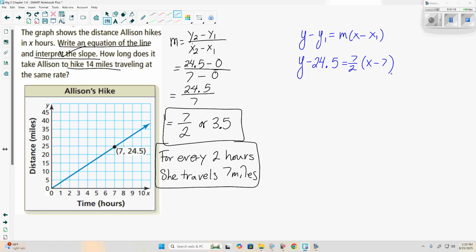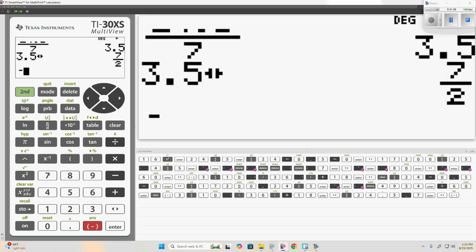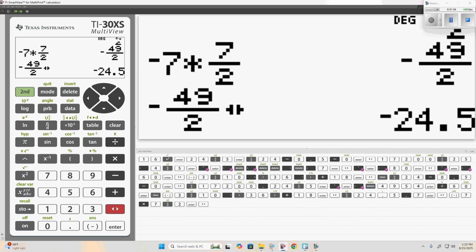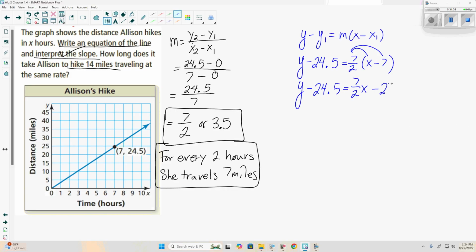Now we do need to get the y value by itself, so we'll distribute the 7/2. So we still have y minus 24.5. 7/2 times x is 7/2 x. Now we do need to do 7/2 times -7. So -7 times 7/2 is -49/2 or -24.5.